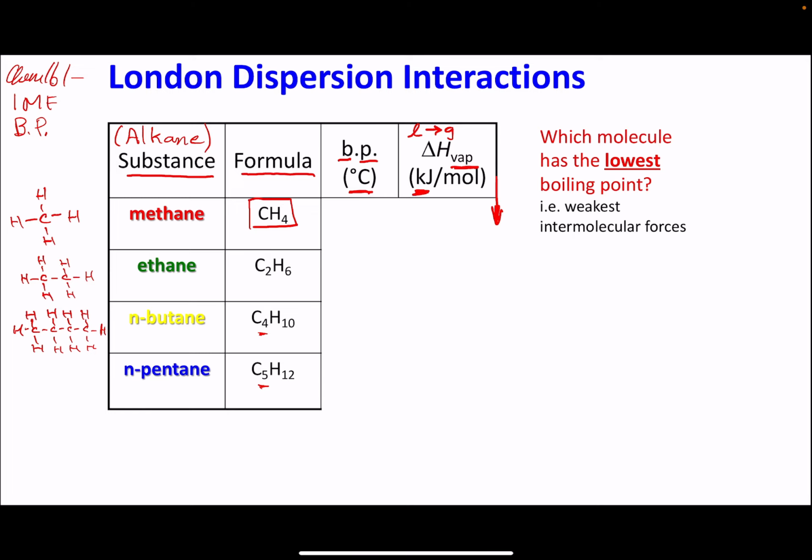So use what you know from the formula and the Lewis structure for methane, ethane, etc. to try to predict the strength of intermolecular forces as they might go from high to low or low to high according to the structure of the compound. When you have an idea for which has the lowest boiling point, resume the video and let's see if you are right.